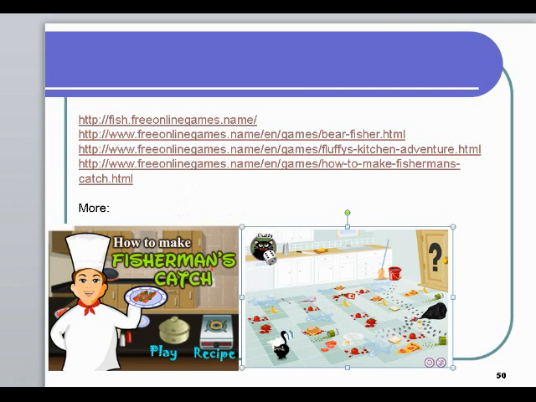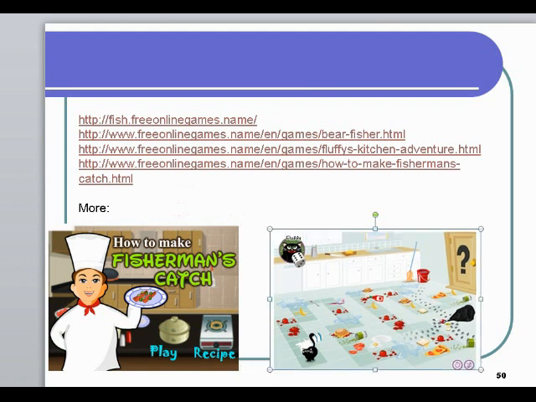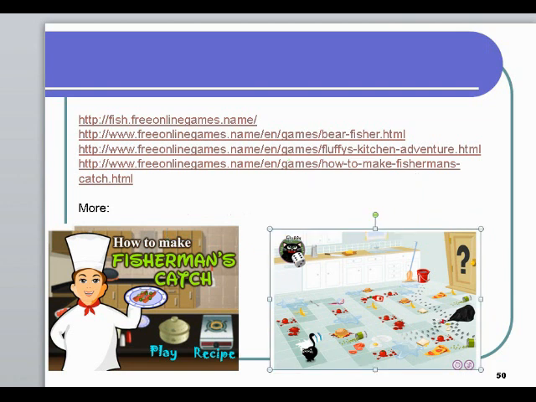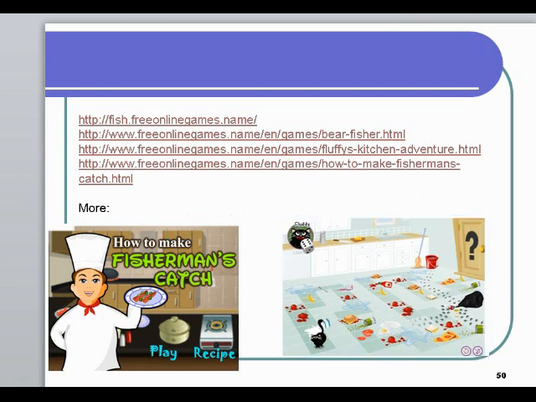So students, for example, might be shown an activity like this one. This is an online game which is very educational but also fun. And then you might ask them, and support them, to create their own game for other children. So that would be fun.